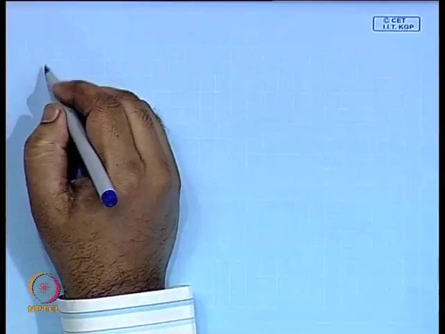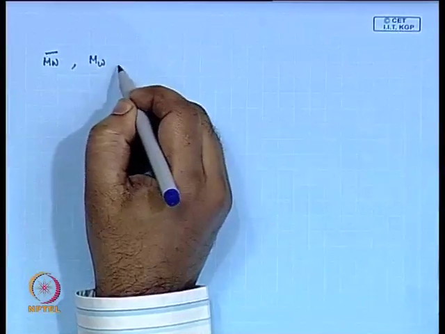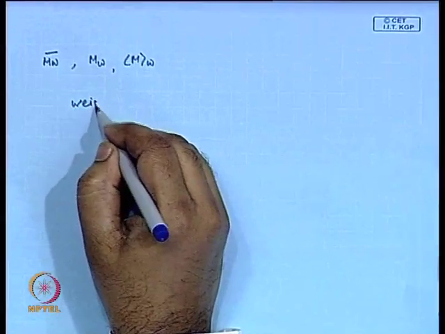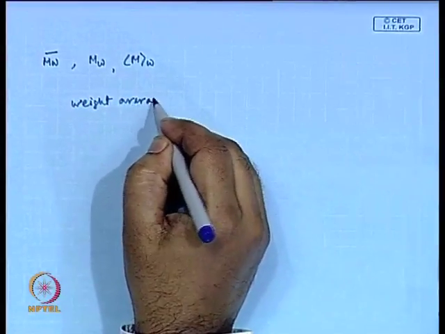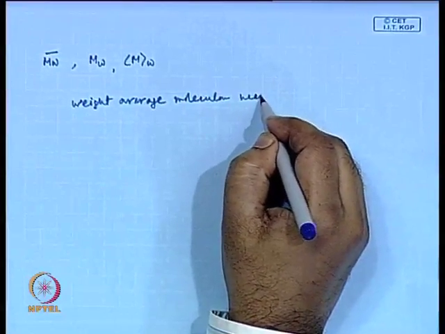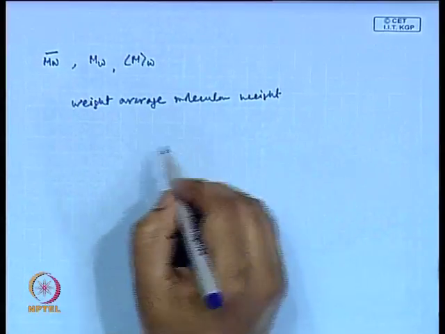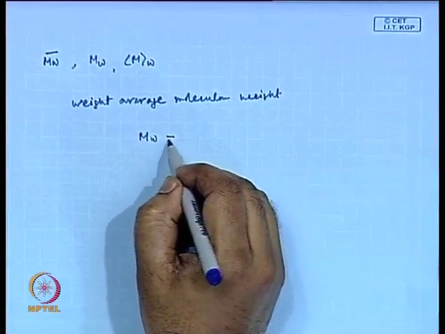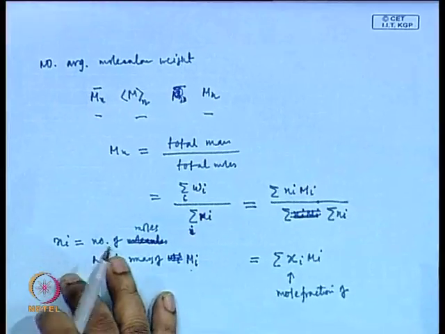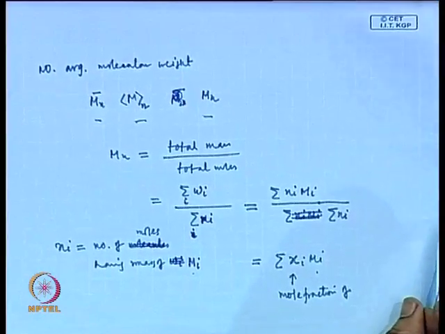We define the second molecular weight, which is Mw bar or Mw, weight average molecular weight, which is defined as, in the last case we had the mole fraction multiplied by the molecular weight of individual fractions.